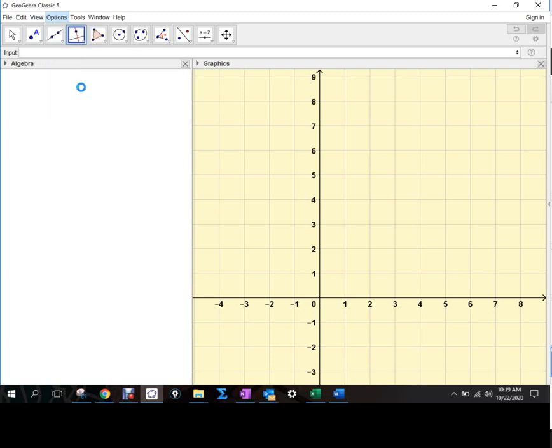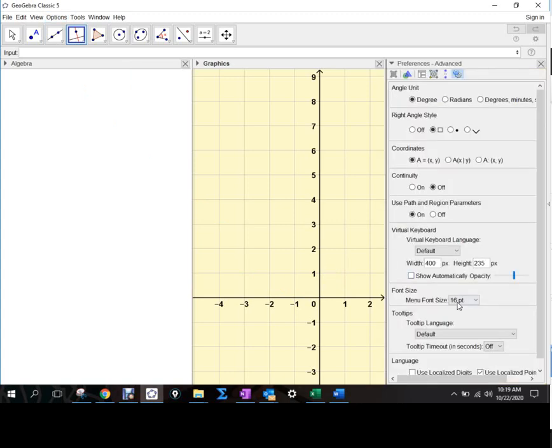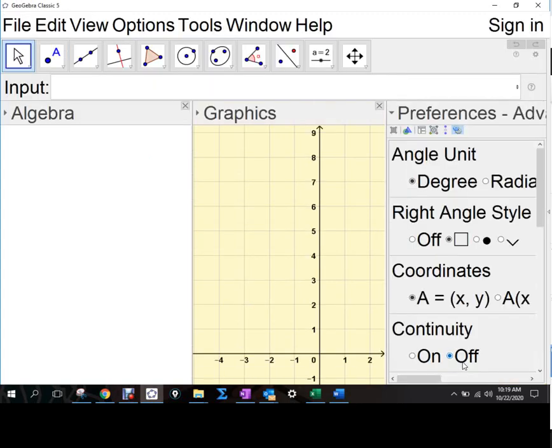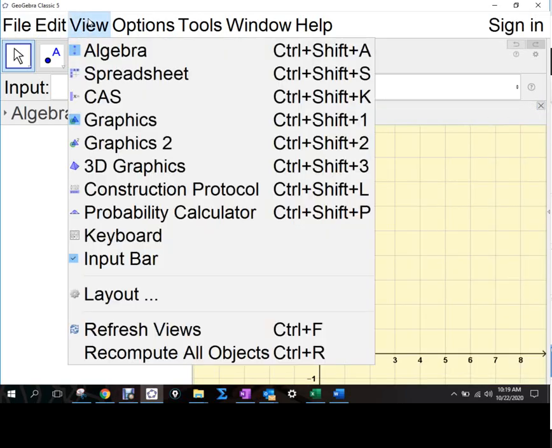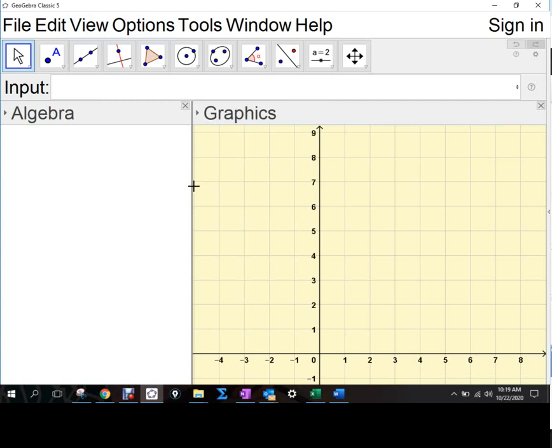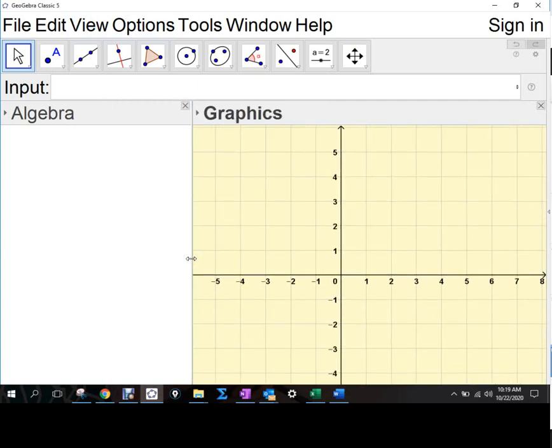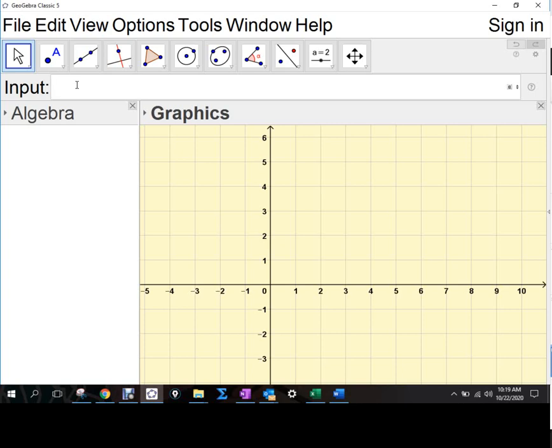So let's see, I want to change my settings here real quick. It's kind of ridiculous, but all right, so I'm going to take a function like the square root of x and subtract 3 from that.